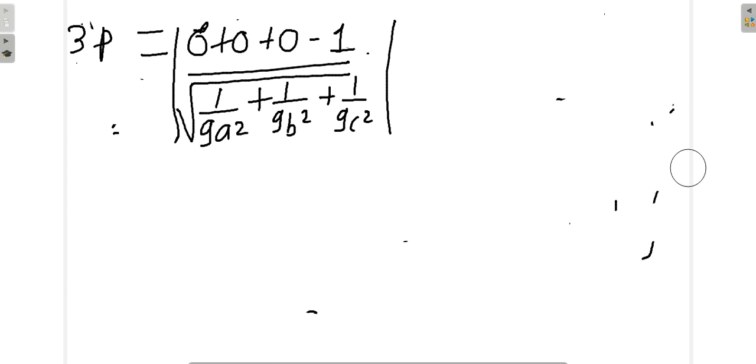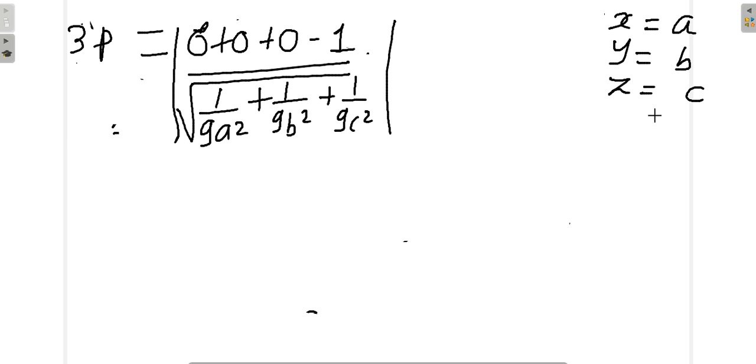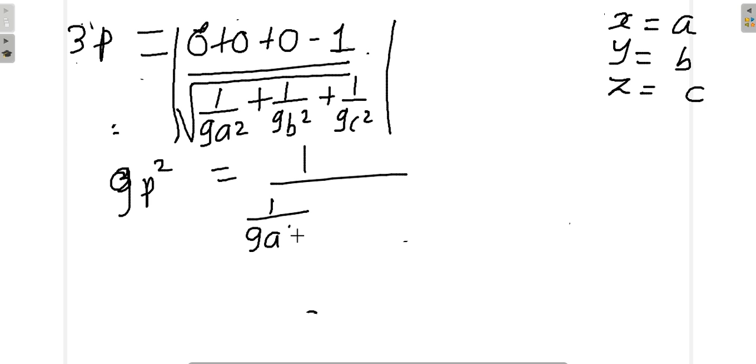Please note, we have already established the situation in which the locus of the centroid has the relationship x is a, y is b and z is c. Now let us square both the sides. So you will have 9p square equal to 1 upon... let us cross multiply.